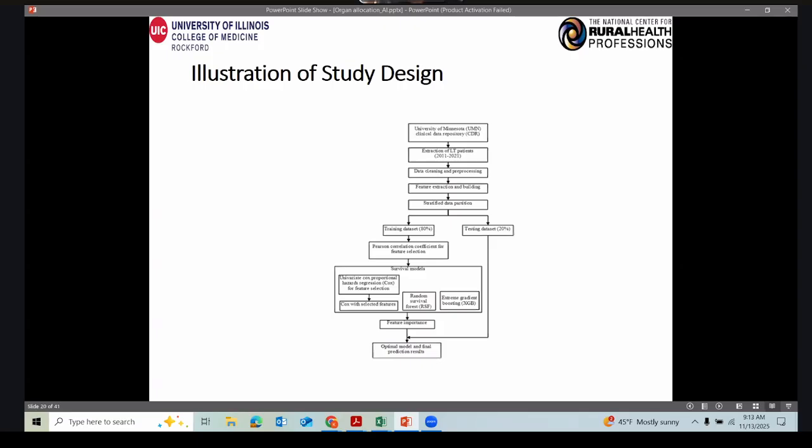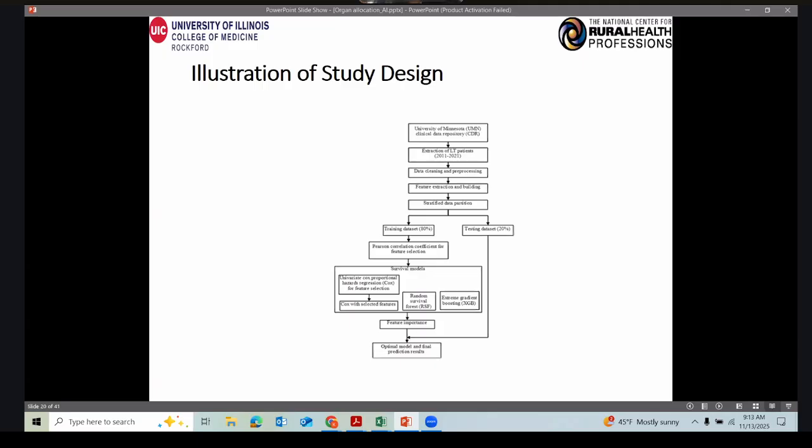This involves handling missing values, correcting data inconsistencies, and standardizing the laboratory values and clinical variables. Because this was real-world electronic healthcare data, a large part of the effort went into ensuring data quality and consistency across the patients and time points.